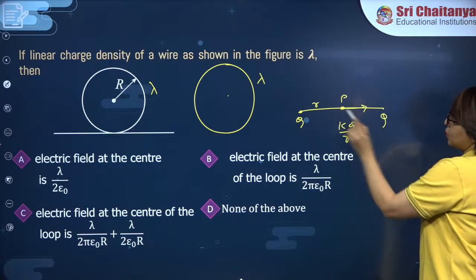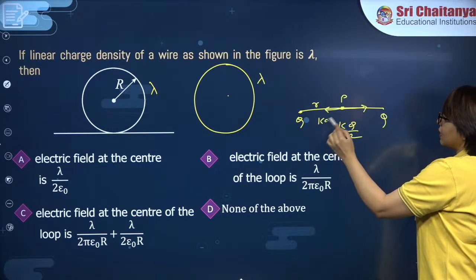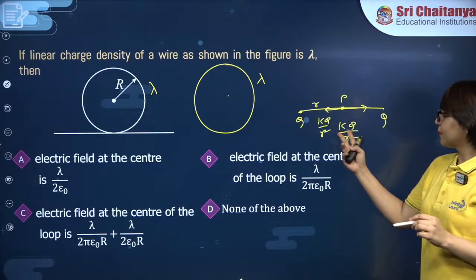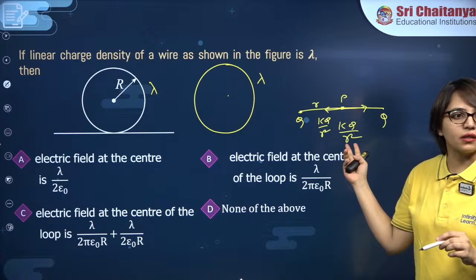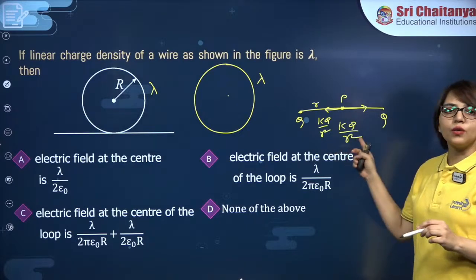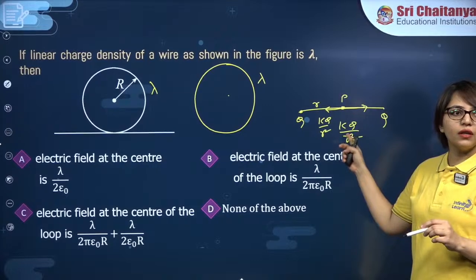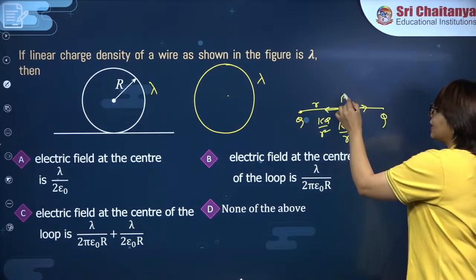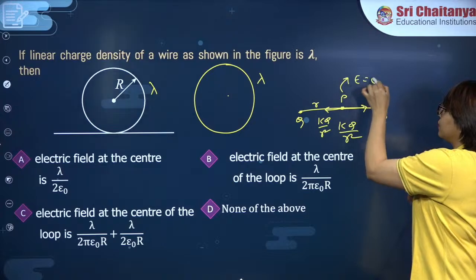And because of this Q, it will be away from it and it will be KQ divided by R square. So these are two equal and opposite fields. These two will cancel one another. So the net electric field at this point will be 0.